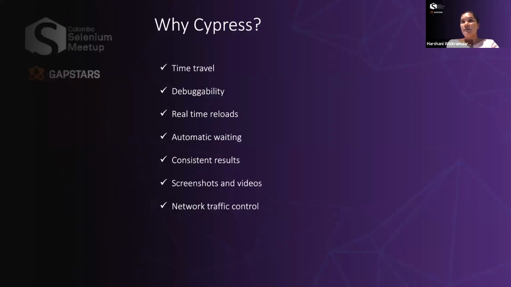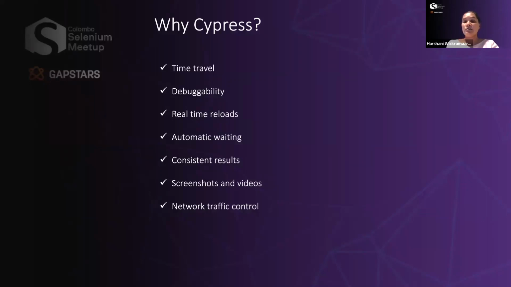Network traffic control. Let's say we have to test a front-end error, which is triggered due to a network error of 500. In order to test this type of scenario, we can use cy.intercept. We can easily change the HTTP request, body, header, response, or the response time, and easily simulate these kinds of corner cases.